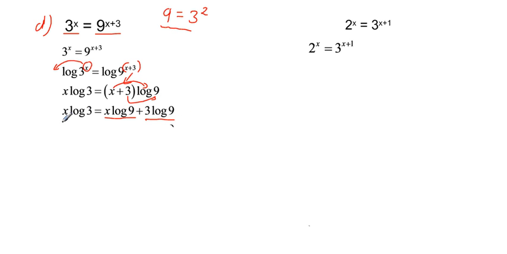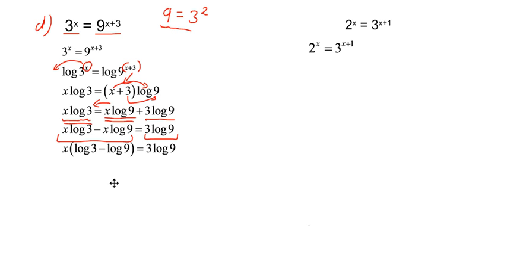So now we have 2 terms that contain x. These 2 terms we can combine together to create 1 term. How are we going to do this? Take a look. By simply moving this x log 9 to the opposite side, you will combine this and that, take out x later, so the constant value is kept on the opposite side. The next step is to factor x from these 2 terms.